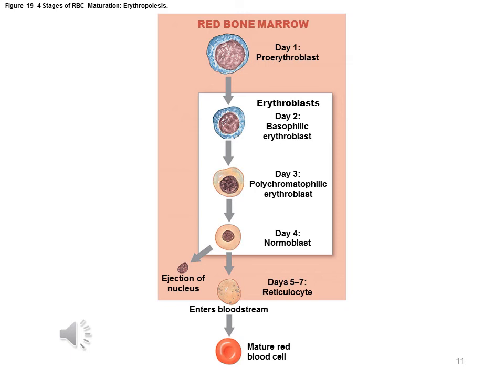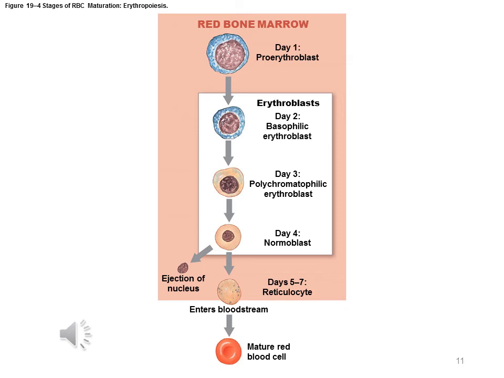Now, this is the term I want you to remember: reticulocyte. The reticulocyte is what actually enters the bloodstream and becomes the mature red blood cell. So there's lots of names here and you're like, oh my gosh, how am I going to remember these names? What I want you to remember is erythropoiesis happens in the red bone marrow.